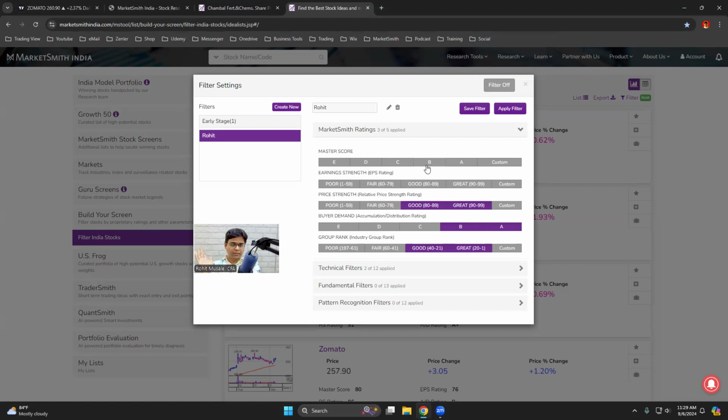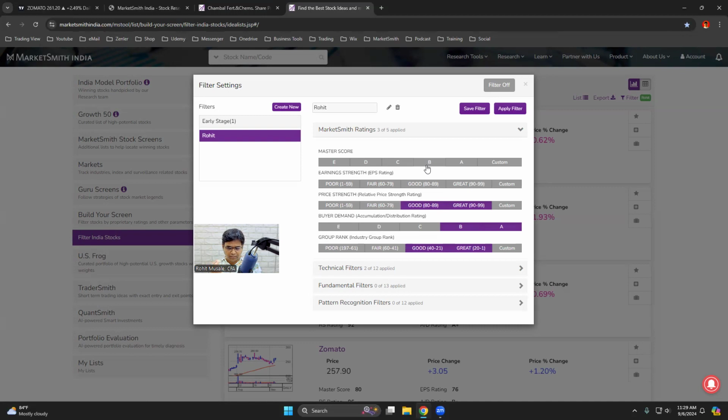I don't think there is any other website which is doing this. Which is why I personally like MarketSmith very much, because most other websites give comparison in terms of ratios, but they are not comparing the fundamental and technical factors taken together using the factors that affect the stock prices the most. This is very important.